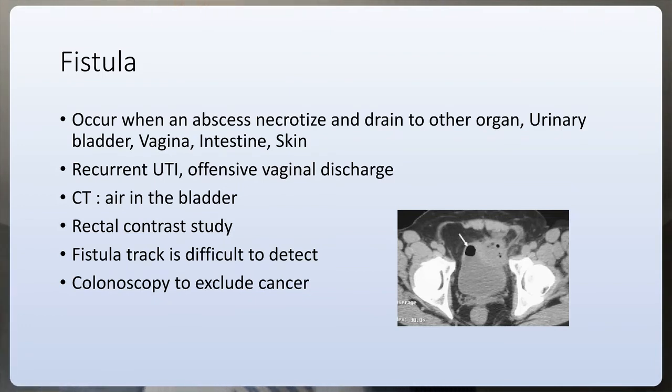Now, it's important to notice that women who had a previous hysterectomy are the patients who are likely to develop colovaginal fistula, as the uterus tends to protect the vagina from any communication with the colon.